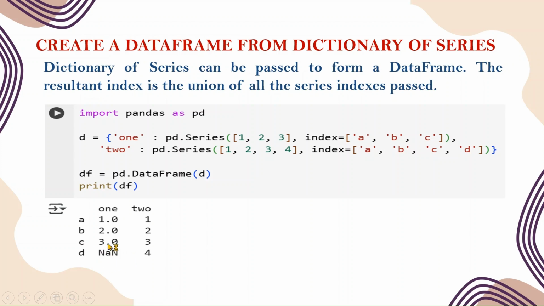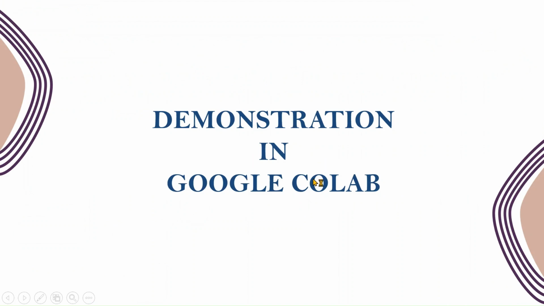When you get not a number, by default all values are converted to floating point, even though you gave 1, 2, 3. In the second column you get 1, 2, 3, 4, and ABCD. That means more than one series can be clubbed to form a data frame. That's the meaning. Now I'll show you the demonstration in Google Colab.